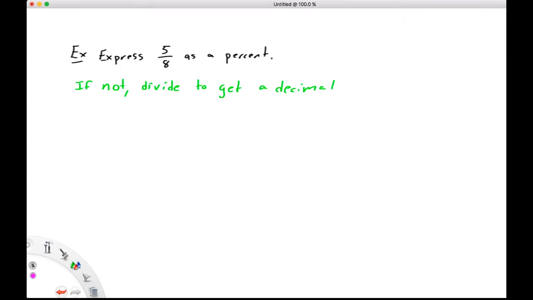Now, here's another instance where we're going to have to think back to Chapter 5 when we talked about translating from fractions to decimals, or think back to the math you did growing up when we did a little bit of long division.